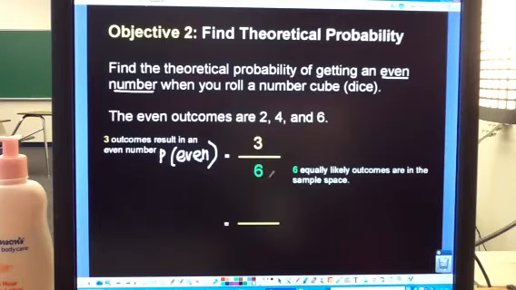So out of 6 total, we have 3 possible ways to get an even number. So 3 out of 6, we could rewrite that as 1 out of 2, 1/2. 3 out of 6 is 1/2. And so we have a probability of either 0.5, or we could rewrite that as a percent, 50%.